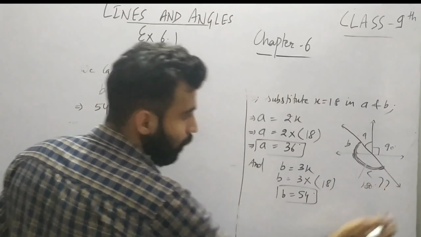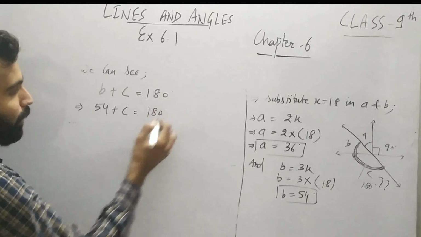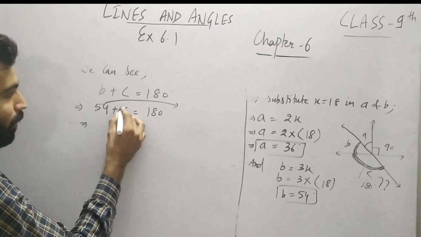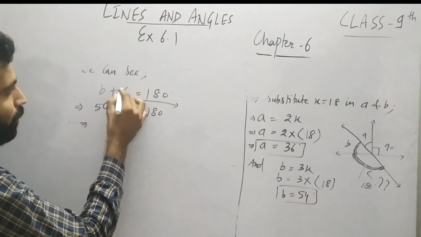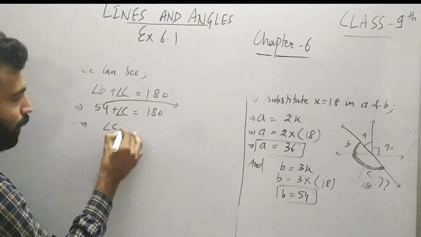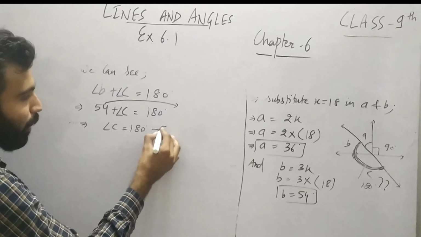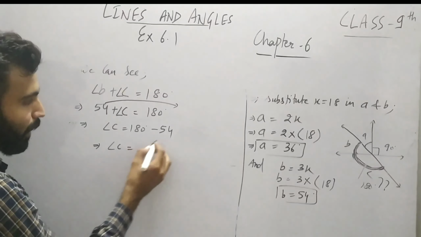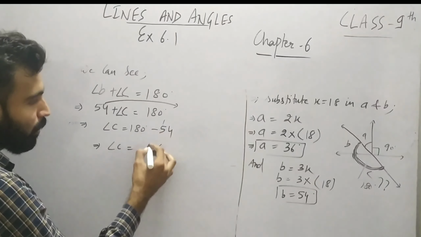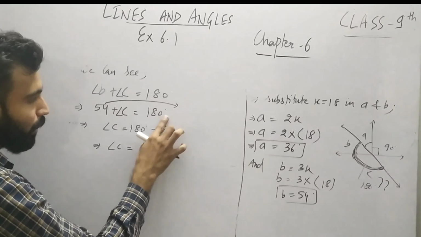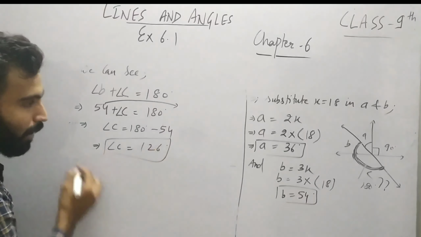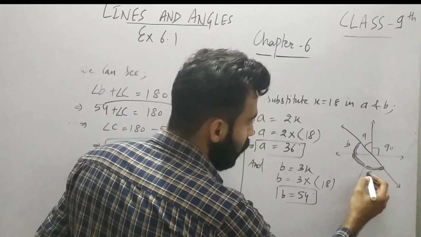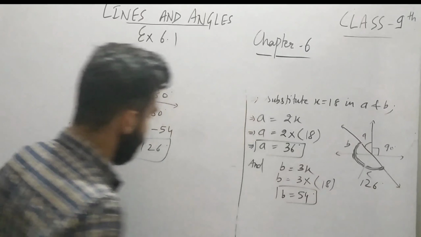If I transfer this 54 to the right hand side, angle C is equal to 180 minus 54, which gives 126. So this is how we calculated the angle C required from us, that is 126 degrees.